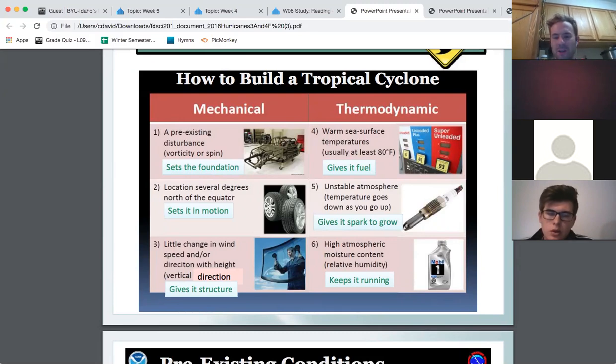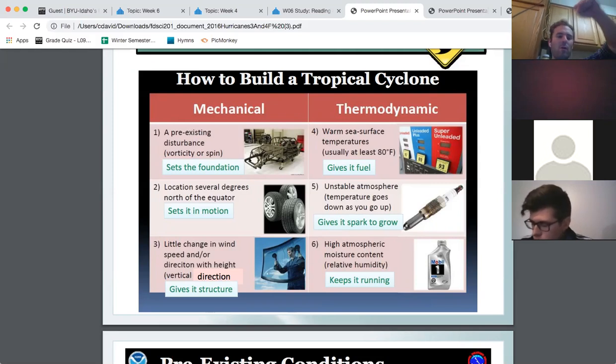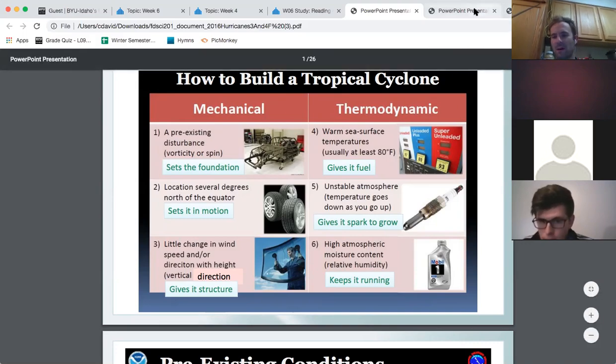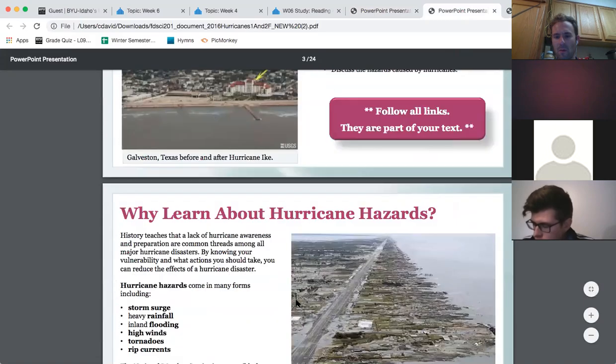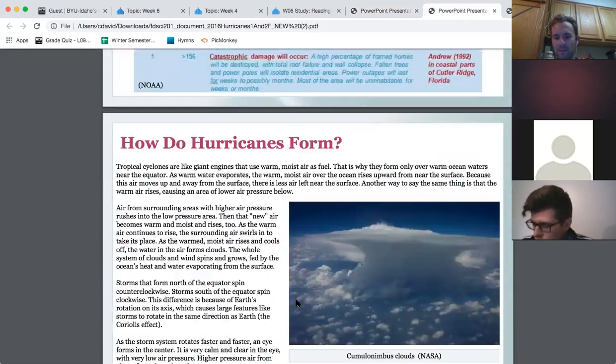So with relation to the last two, number 5 and 6, unstable atmosphere, the temperature gradient, and high humidity: when you have cold air up above and warm air beneath, what does hot air like to do? Does it like to stay underneath, or does it like to rise? Yeah, it likes to rise. So it's going to rise, and that cold air is going to sink and fill that spot. So you get that circulation that we need for the hurricanes, or that we saw here, where we've got, oh, where's that figure?